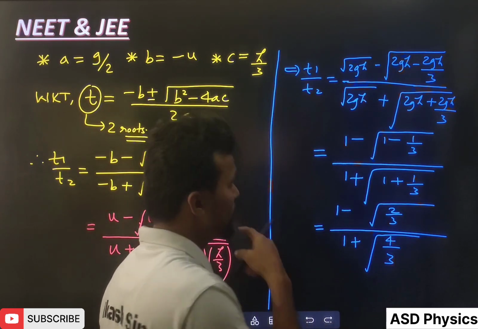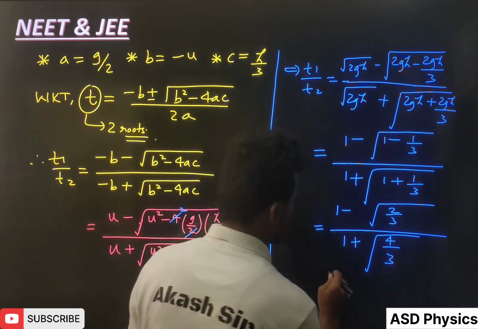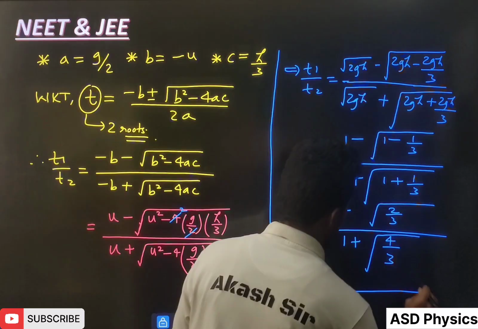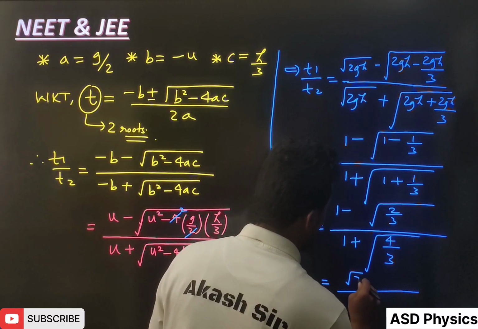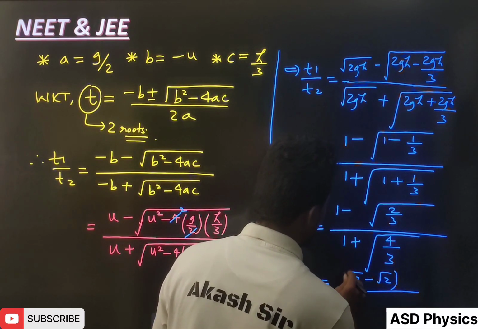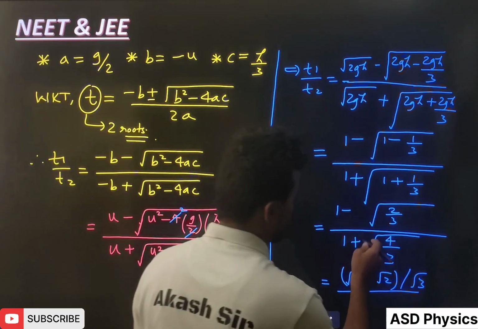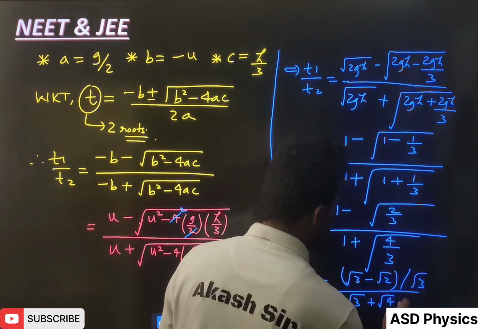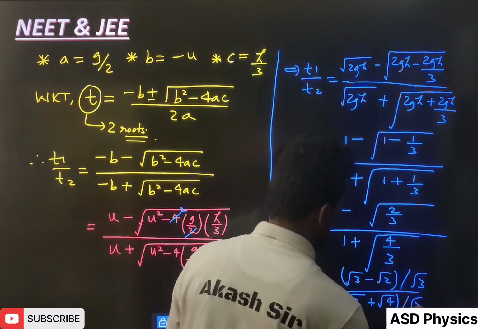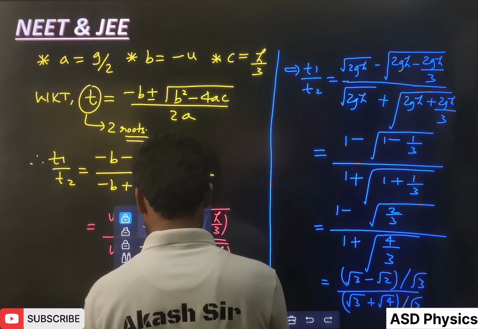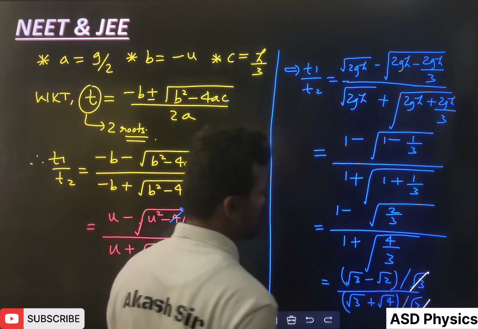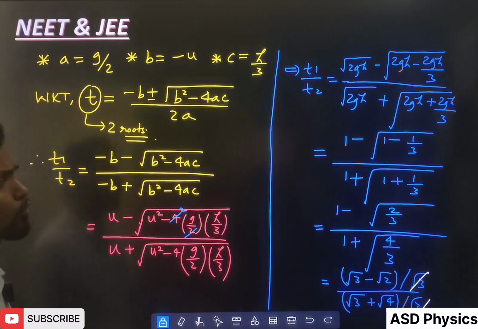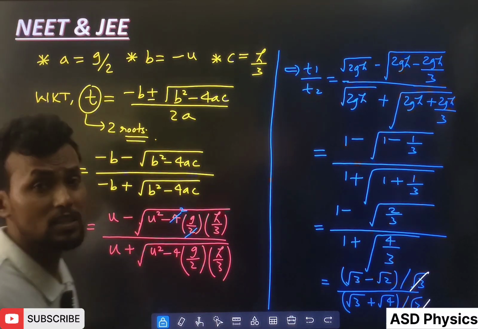Now from here what can we write? If I take the LCM, this will become root 3 minus root 2 by root 3, and here root 3 plus root 4 divided by root 3. So you can see very well, this root 3 and this root 3 cancelled out. So what are we getting? Root 3 minus root 2 by root 3 plus root 4.